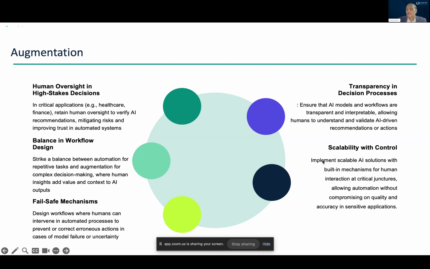Transparency in decisions basically talks about how your AI models allow humans to understand and validate the decisions. And then scalability and control: wherever humans are involved, naturally there are systems they interact with, so those systems should be scalable securely. So that is the difference between augmentation and automation. In automation, a system will take a decision. In augmentation, a human is given enough information by the system and they take the decision.